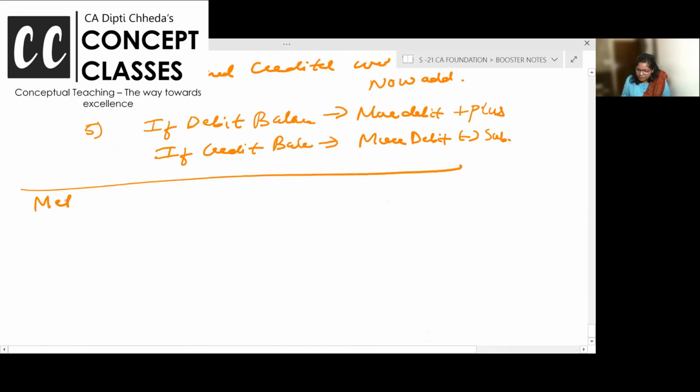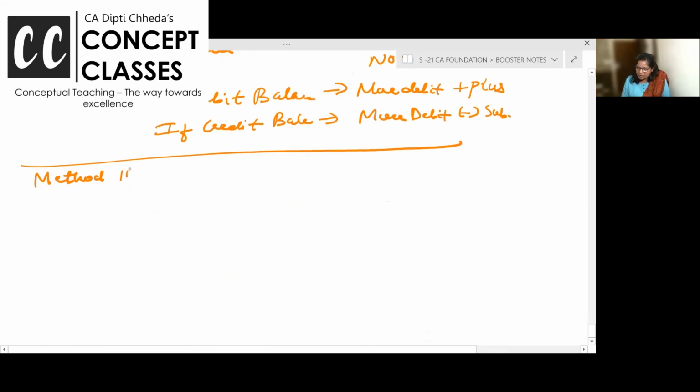Write down in your booster notes. Open your booster notebook which you are maintaining separately. Method 2. Adjusted cash book.